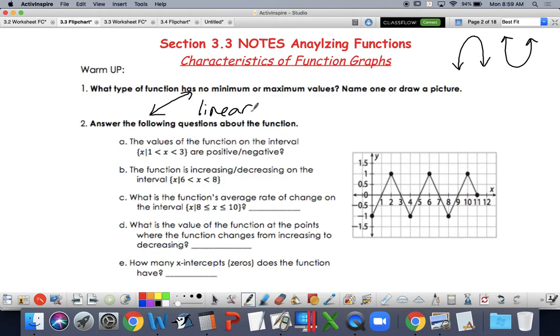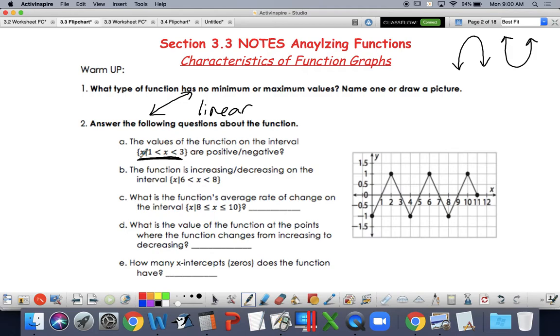Okay, we're going to look at this funky function over here. Yes, it's a function. It passes our vertical line test. And we're going to answer some questions about it. Notice that every question that's being asked has the x value as what I refer to. From that x value, I look to see if the function is increasing or decreasing or positive or negative, whatever the case may be.